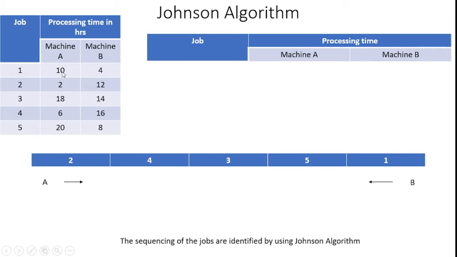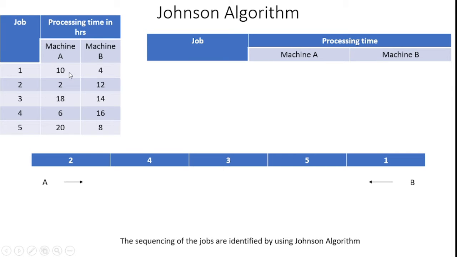Here I select the minimum value from the available 4 rows, which are 10, 4, 18, 14, 6, 16, 20, 28. From this, 4 is the next minimum processing time, but it lies on machine B with job 1.